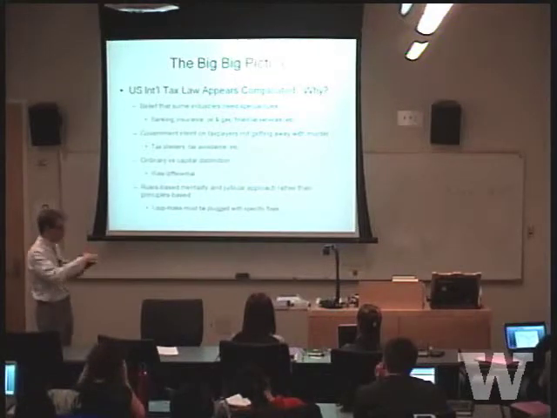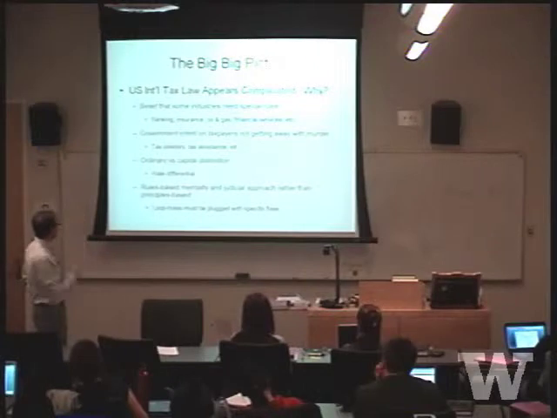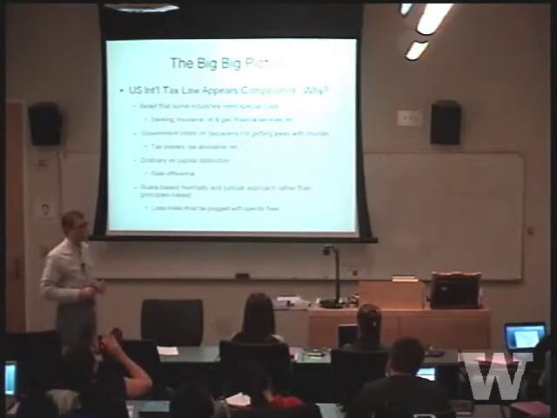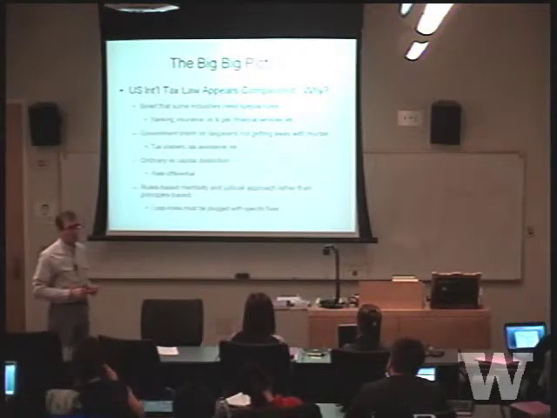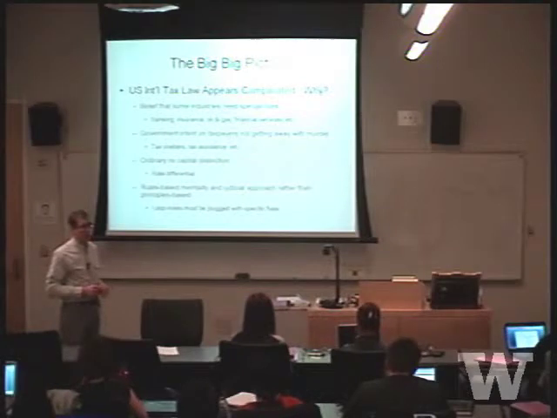Now, again, though, why is it so thick? Well, one thing is that there are some industries that have peculiar natures. The insurance industry, or the banking industry, financial services, mining, oil and gas.